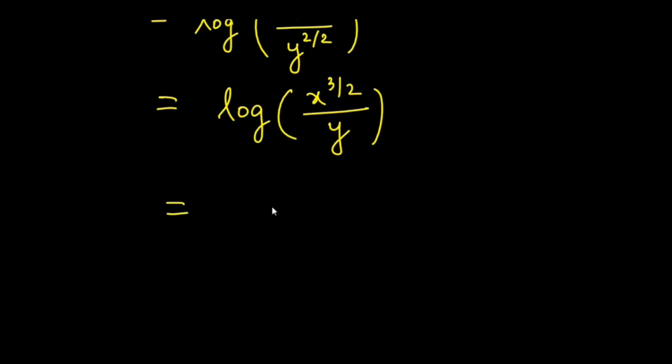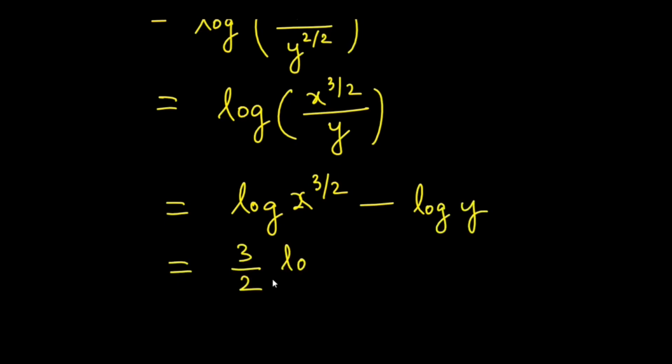This becomes log of x power 3 by 2 minus log of y. Now apply the power rule here. This becomes 3 by 2 into log of x minus log y.